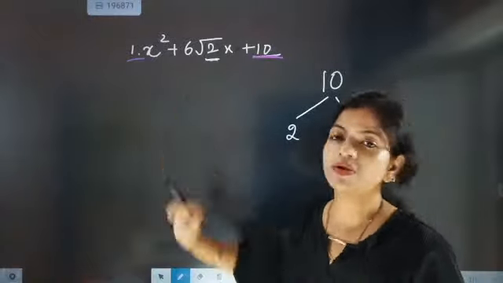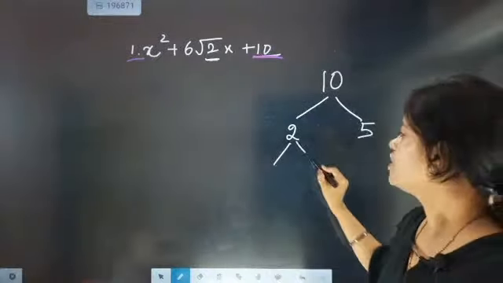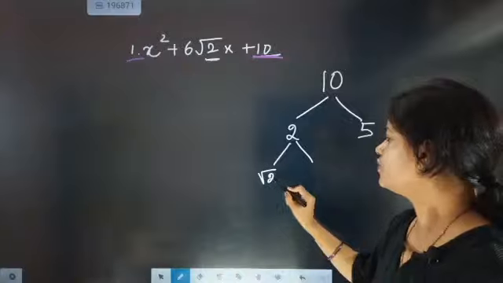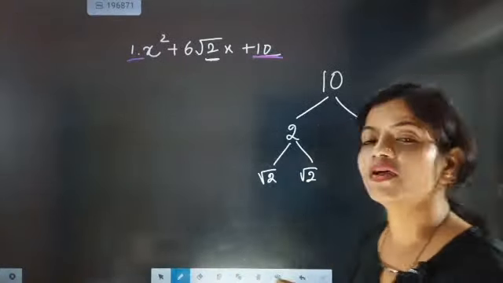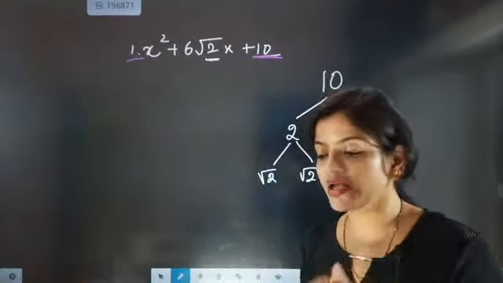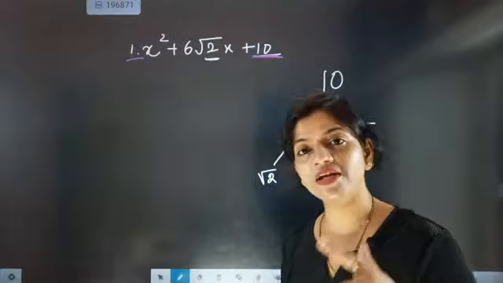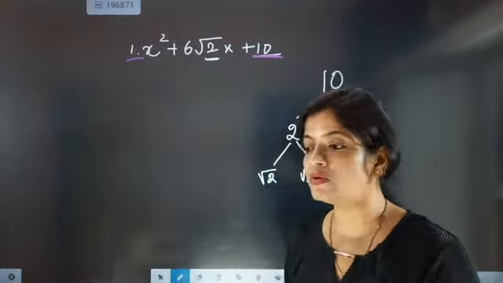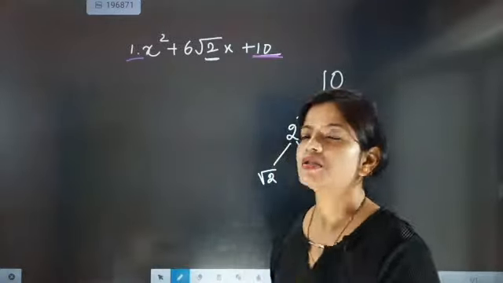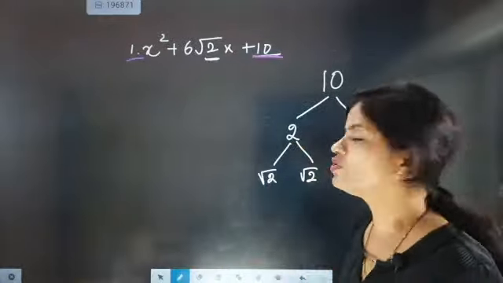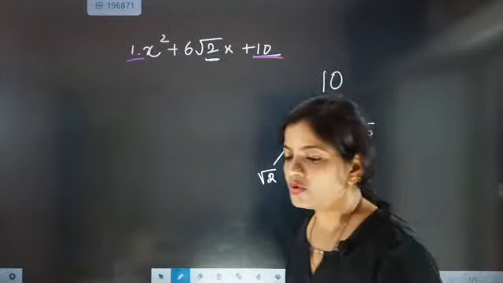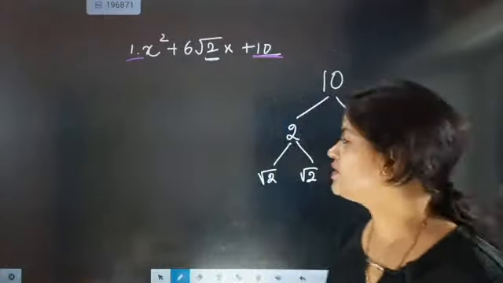So you know one very important thing, that 2 can be written as root 2 into root 2. Why do I say that? Because when root 2 multiplies with root 2, it will give you 2.